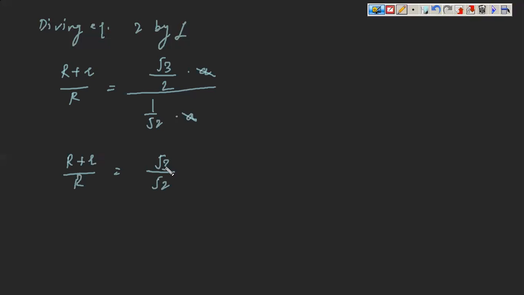Root 3 value we know very well, it is 1.73. Root 2 value is 1.414. If you divide both of them, you will find 1.225.